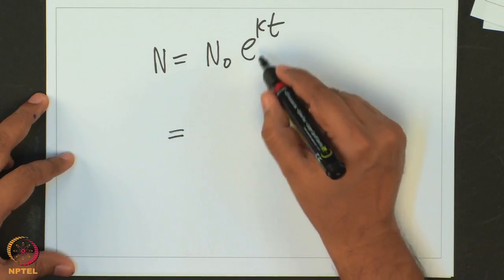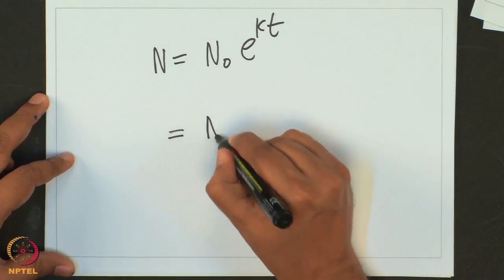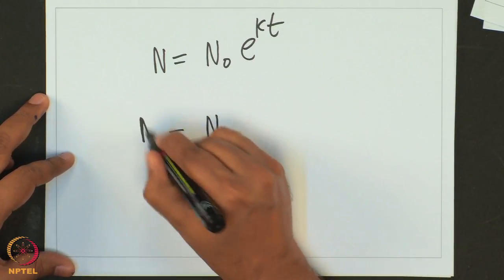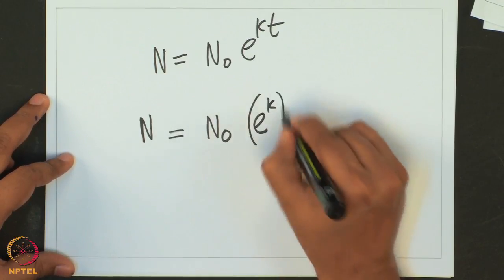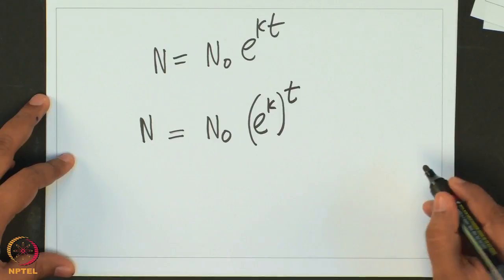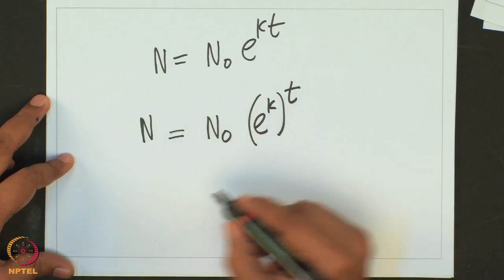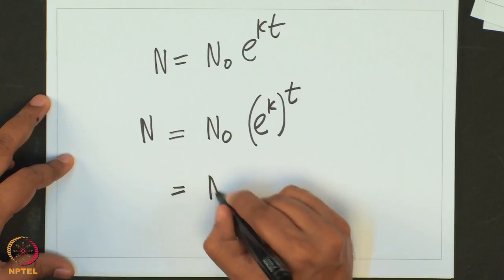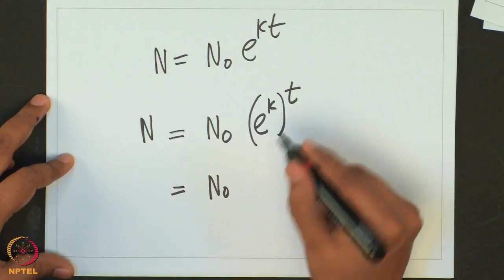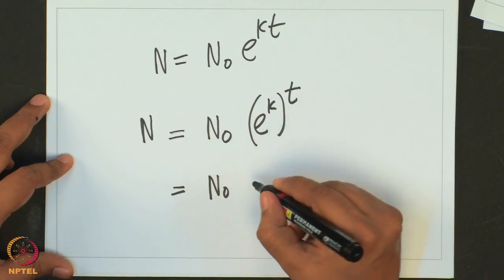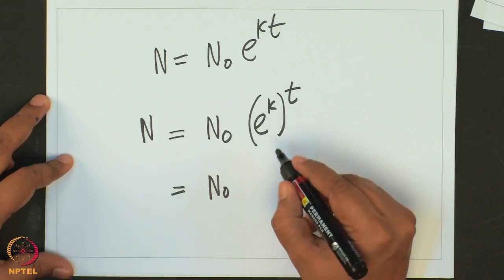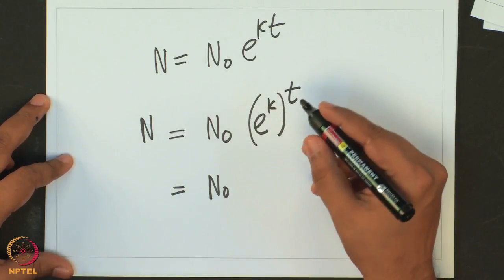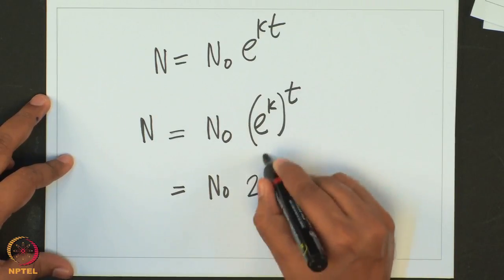I can write n is equal to n0 e power kt. And if my e power k is 2, I can write it as n0 2 power t if I want. Either I could write it as 2 power kt, or I could write it as 2 power t.